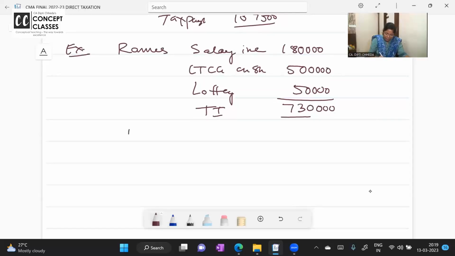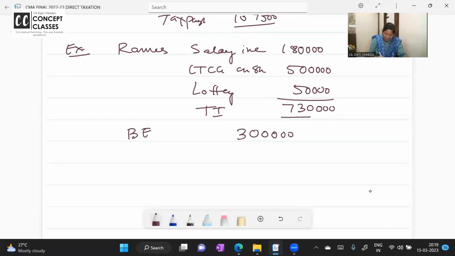Now, what is the basic exemption for Ramesh? He is a senior citizen. They gave the age of Ramesh. Okay. So basic exemption for Ramesh is 3 lakhs.